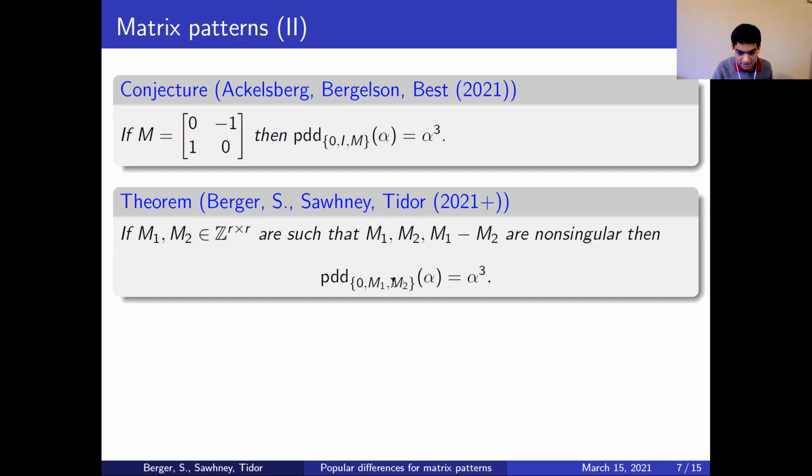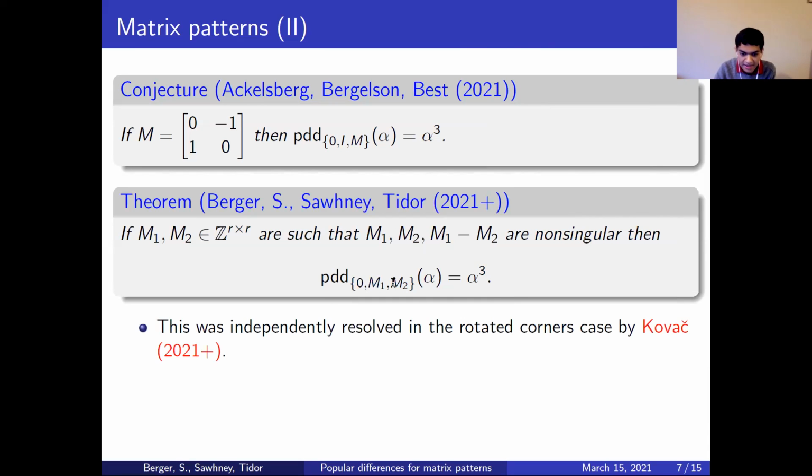But I'm not going to get too much into the geometry of this. So we're able to prove this in a large amount of generality for these 3-point matrix patterns. And I'll just mention that the rotated corners case, which was asked by Ackelsberg, Bergelson, and Best, was actually independently resolved by Kovacs.